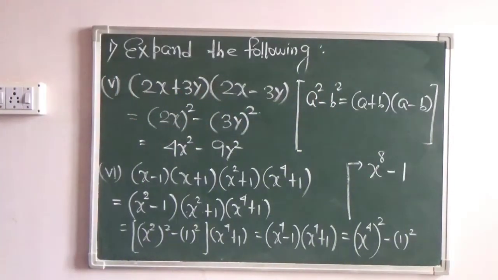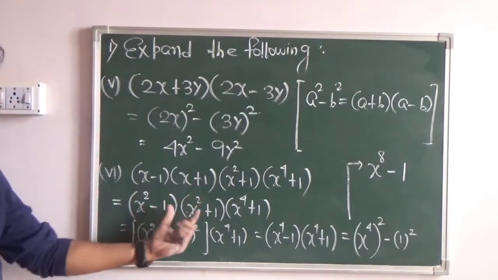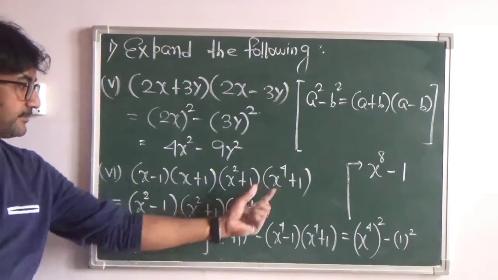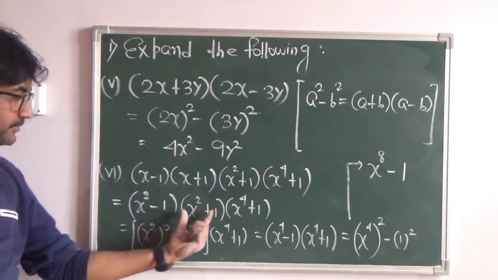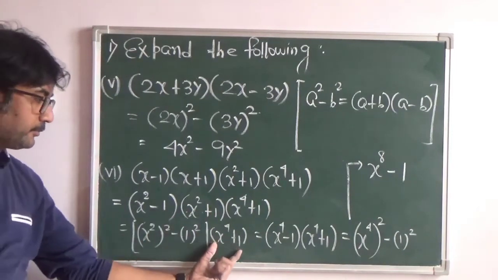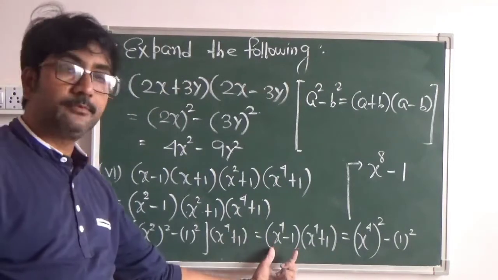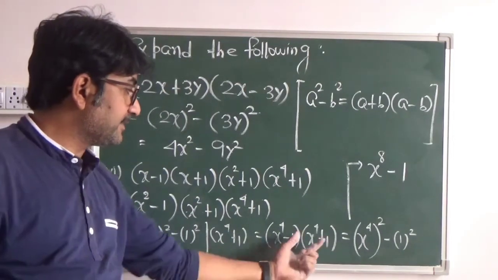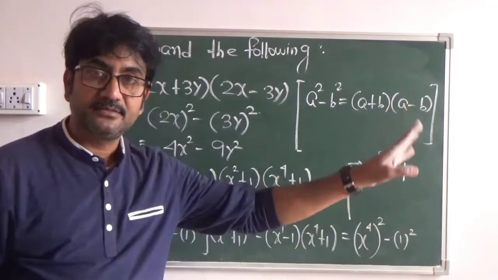So this is the result. (x - 1) into (x + 1) is x square minus 1, and this is (x square + 1) and (x 4 + 1). So it is x square minus 1, that is again (a - b)(a + b), that is x power 4 minus 1 into x power 4 plus 1. That is again a square minus b square, so x power 8 minus 1.